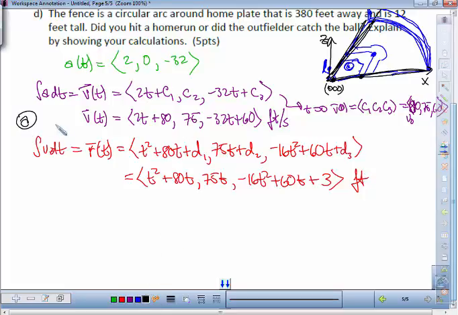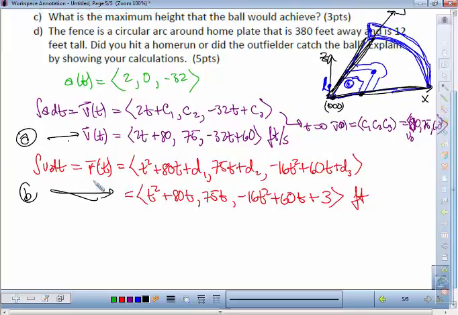So part A is looking for the velocity. Part B is looking for the position. What's C asking for? Maximum height of the ball.